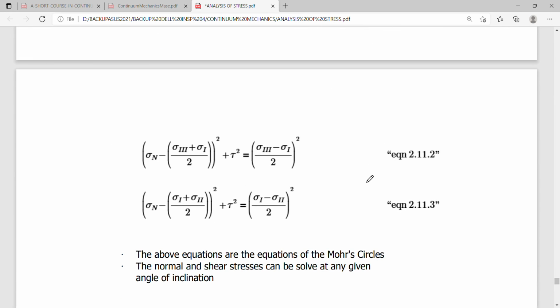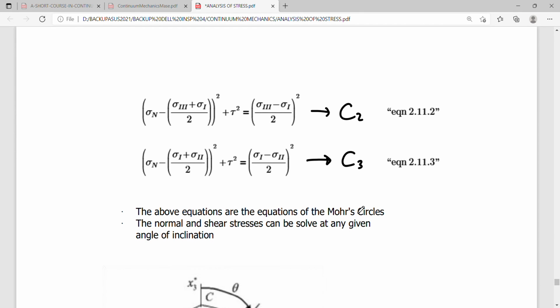If I refer to a value which has sigma 3 and sigma 1, I'm referring to my second circle, C2. And if I'm referring to sigma 1, sigma 2, I'm referring to my third circle, C3.